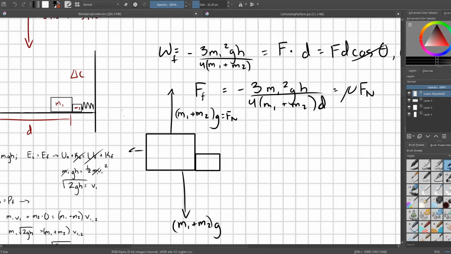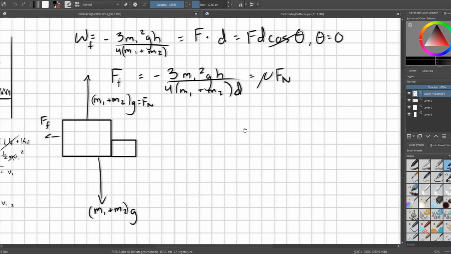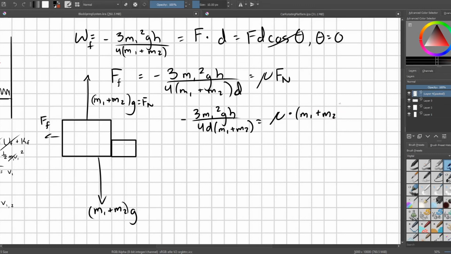And then just to complete this, we have our frictional force acting backwards. Okay. So now we just make that substitution for Fn. So I'll say that negative 3 m1 squared gh over 4d times m1 plus m2 equals mu times m1 plus m2 g.